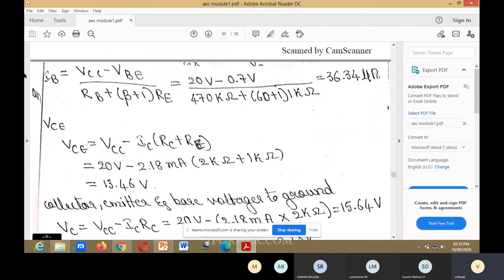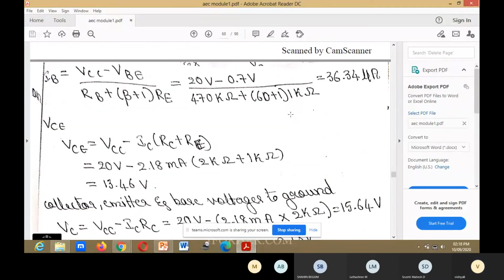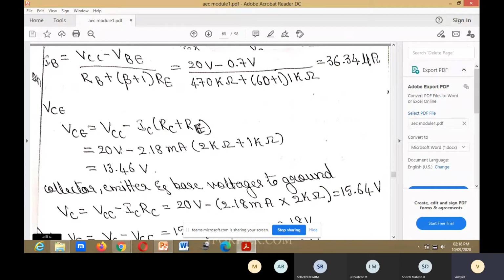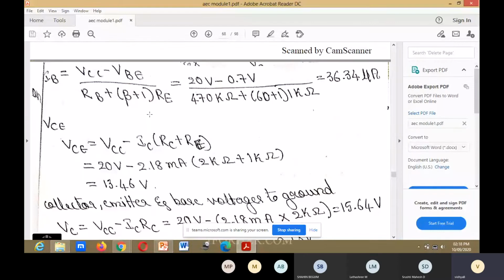Collector current IC is equal to beta into IB. VCE is equal to VCC minus IC into (RC plus RE), which is 20 volts minus 2.18 milliamps into (2 kilo ohm plus 1 kilo ohm), you will get 13.46 volt. IC is equal to beta into IB. After solving, you'll get IC value 2.18 milliamps.